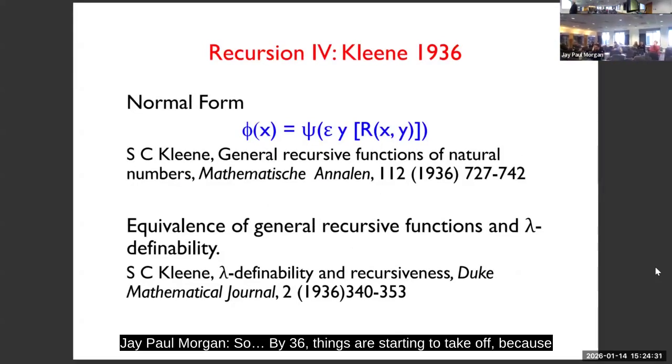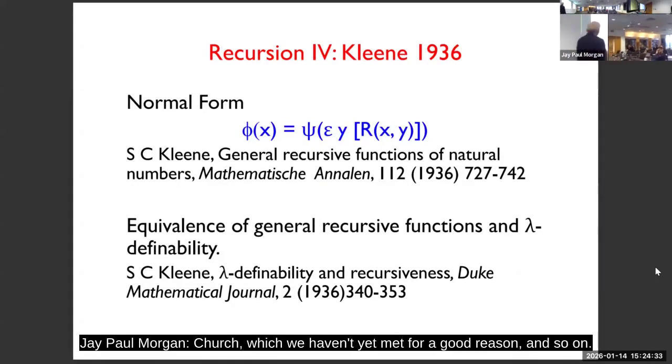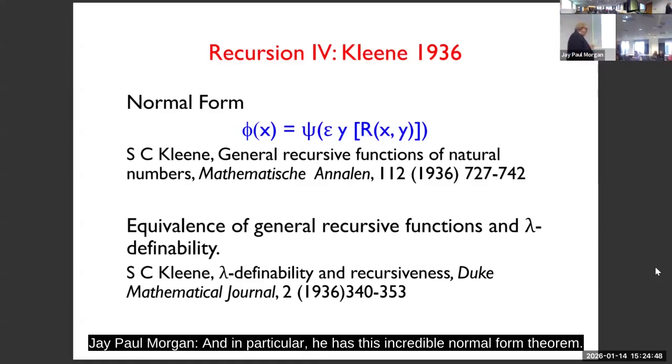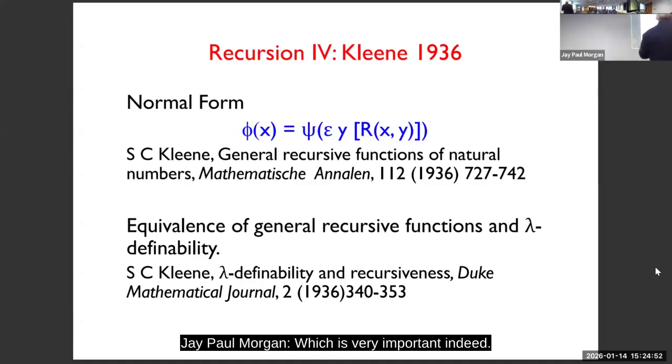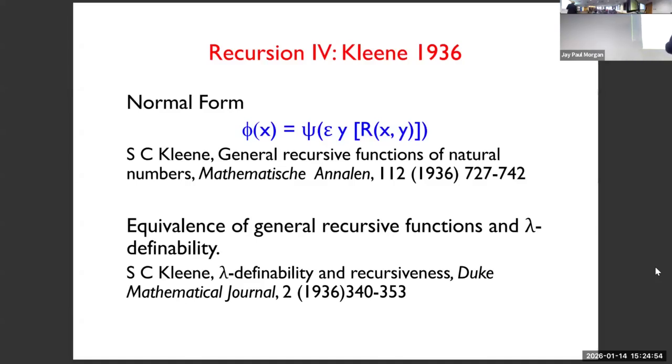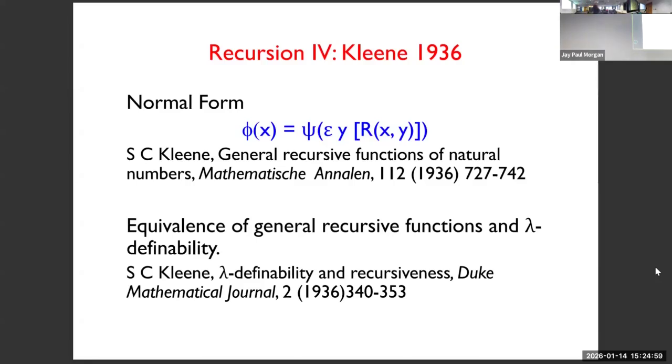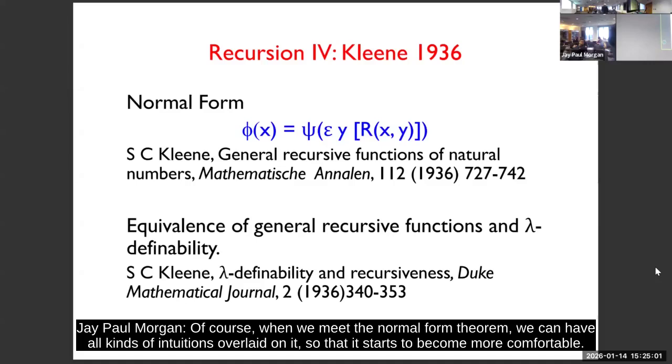So by 36, things are starting to take off because Church, whom we haven't yet met for a good reason, and so on, has Kleene. Now, Kleene turns out to be one of the great figures in this development of logic. And in particular, he has this incredible normal form theorem, which is very important indeed, because from it, all kinds of goodies come.